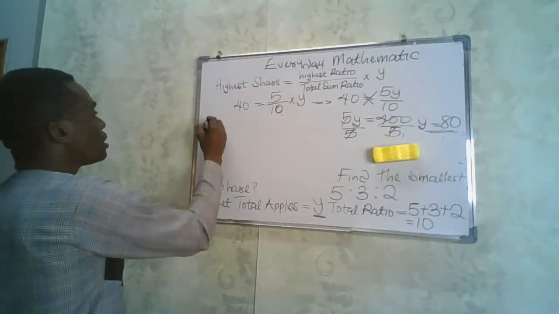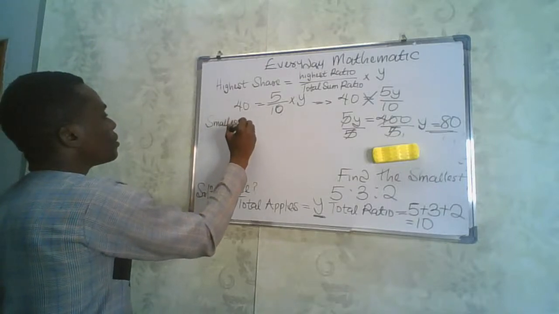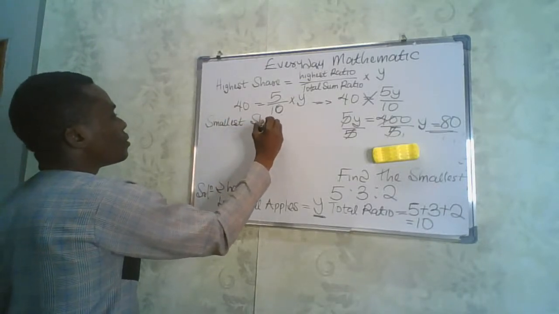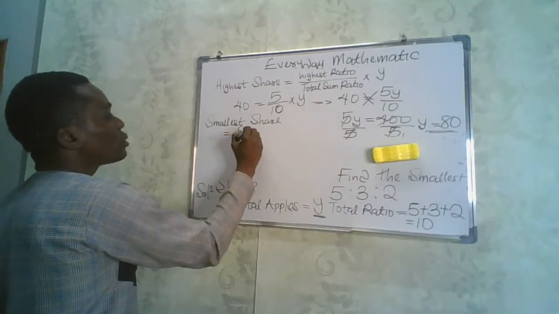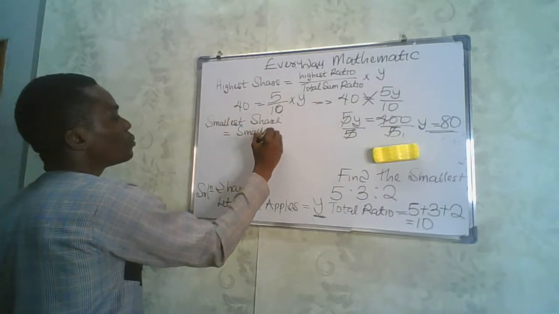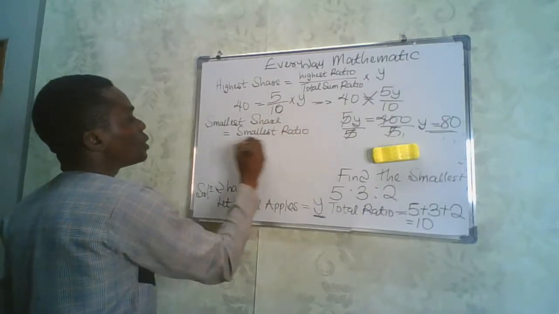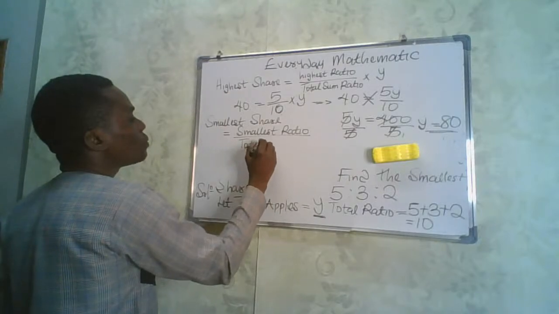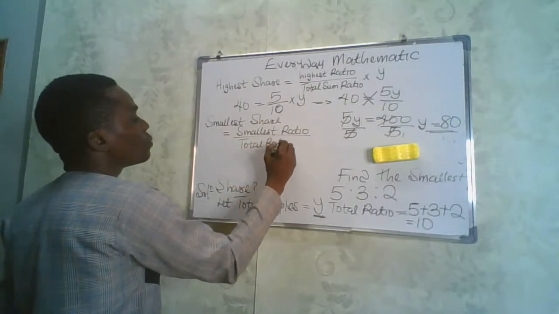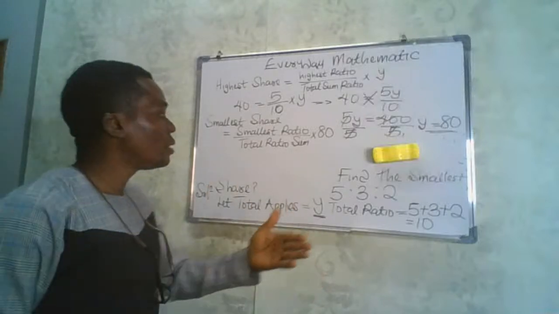So that means the smallest share will now be equal to the smallest ratio divided by the total ratio sum, multiplied by the total apples, which is now 80. Are you seeing that? Very easy.